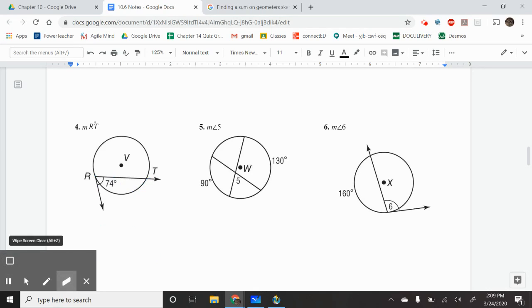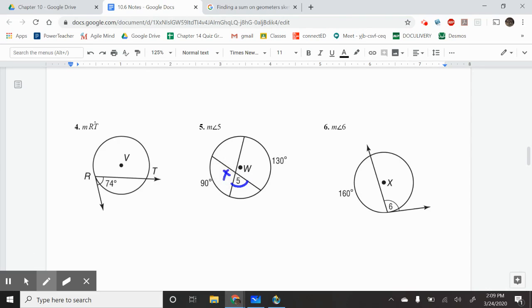All right, let's go on to number 5. Now, number 5 is the other type of problem. So here we have 90, 130, and we're looking for the measure of angle 5. So that's a little different. Remember that angle 5 really has nothing to do with those two angles, so we have to put angle 5 on the side for now, and we're going to go right here.